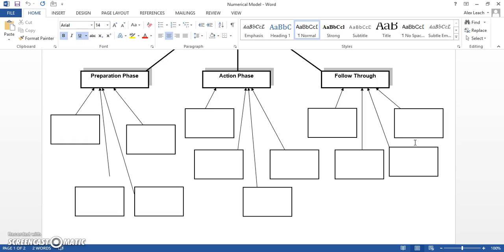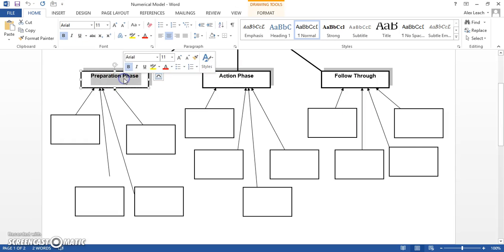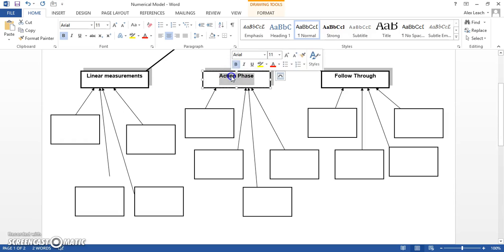Now, if you find it easier, you could change these. Instead of having preparation phase, you could have linear measurements, and then you could have angular measurements, and then you could also have projectile measurements in this one.